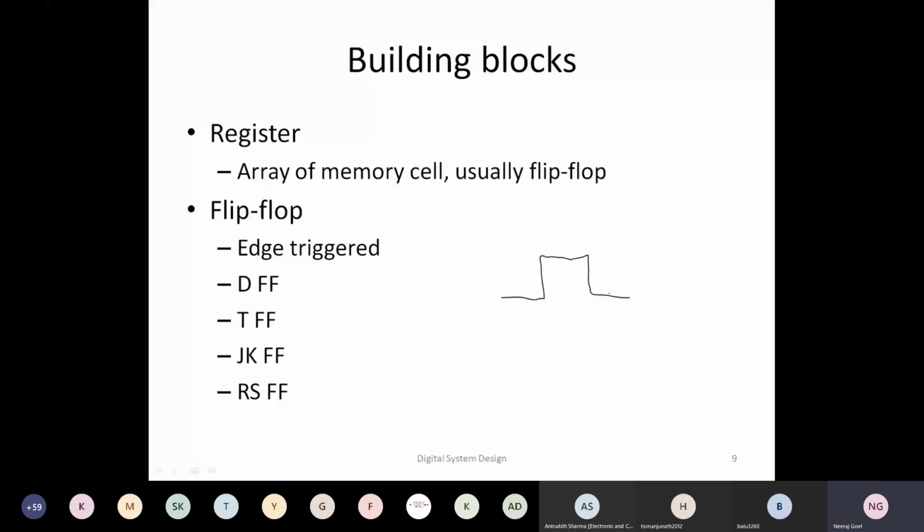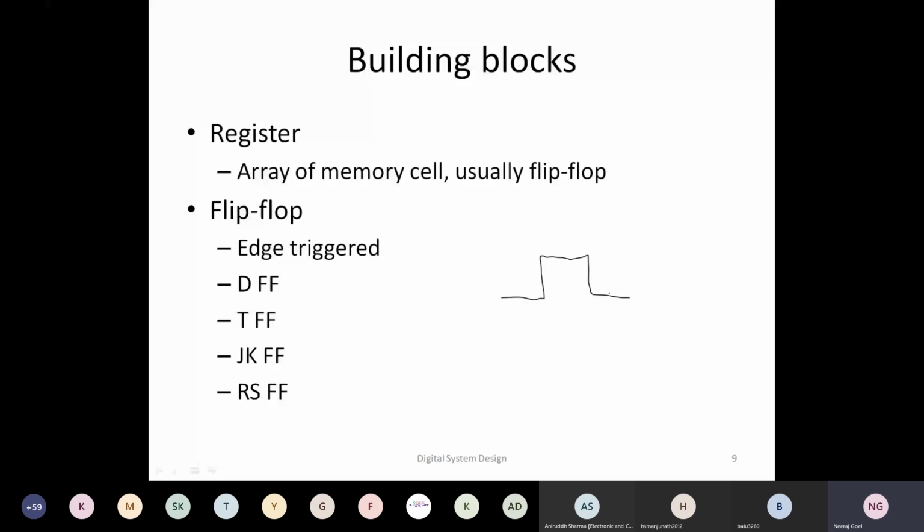And to summarize for others who are not able to recall, essentially flip-flops and latches are both memory elements, but latches will store whatever value is given to them, and sometimes these latches are also level sensitive, so you will have an enable signal or a clock signal, and it is sensitive to either the positive level of the clock or the negative level of the clock.